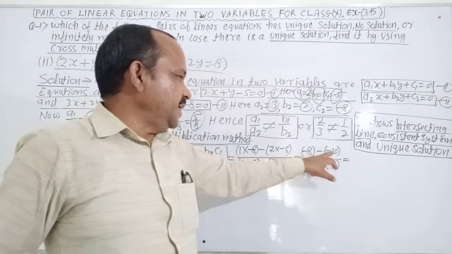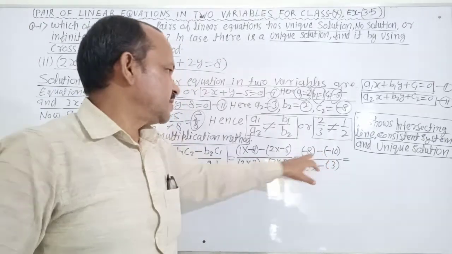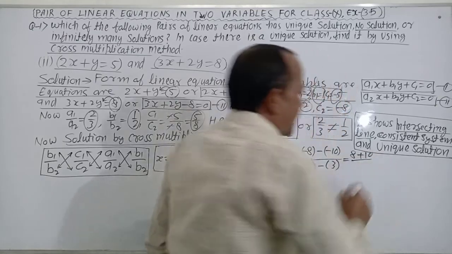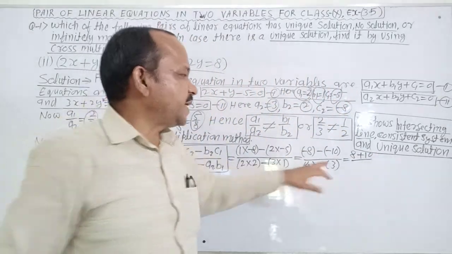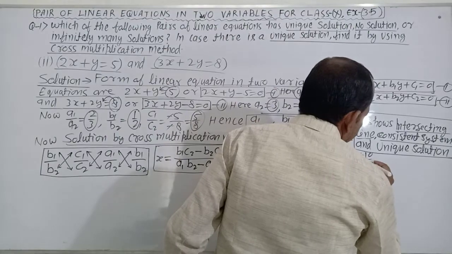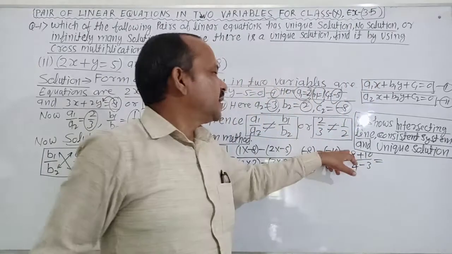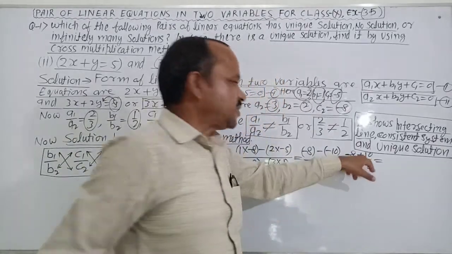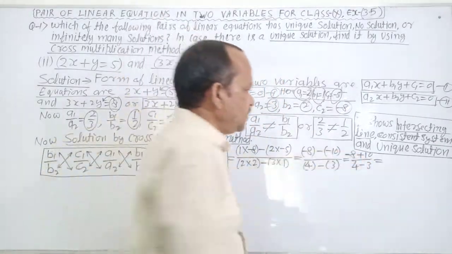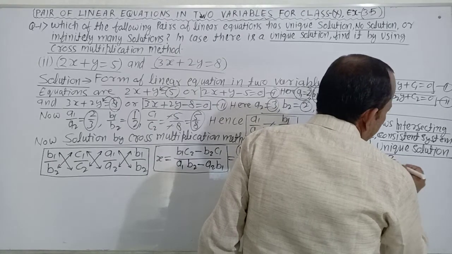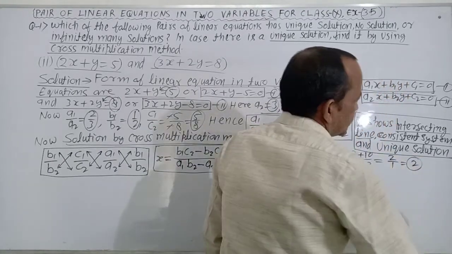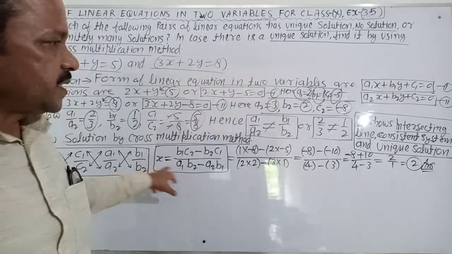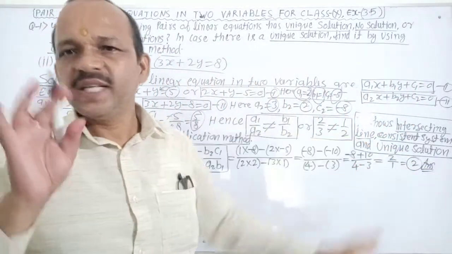Here minus and minus it become plus. 8 plus 10 upon here 4 minus 3. 8 minus 8 plus 10, you subtract it. It becomes 2 by 1 equal to 2. Answer. You find x equal to 2. Clear?